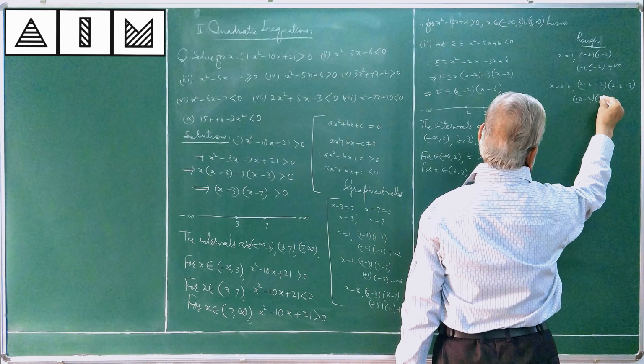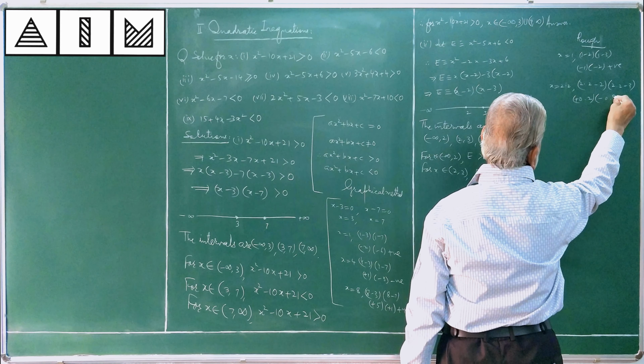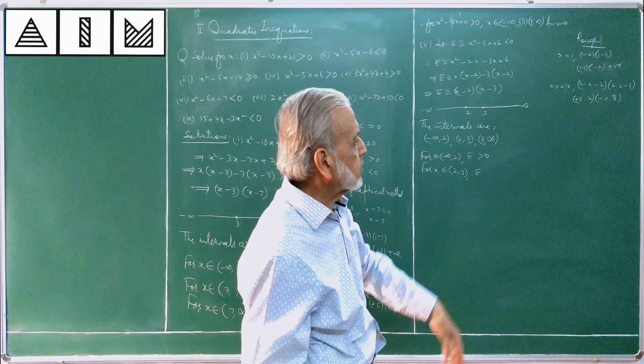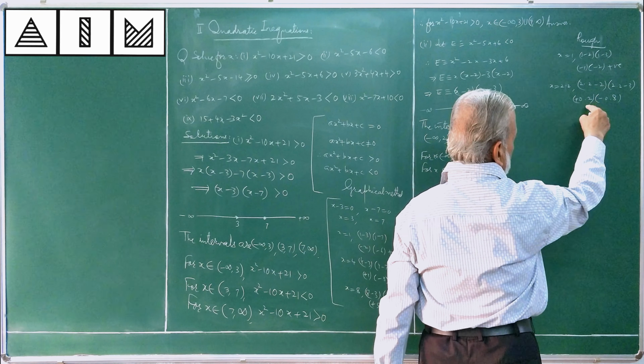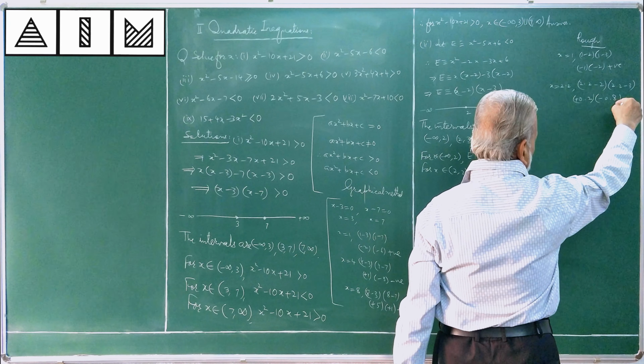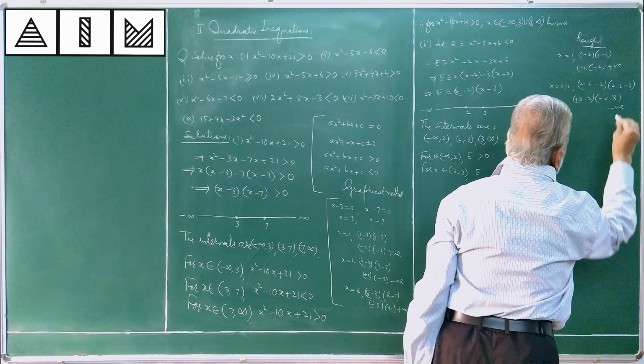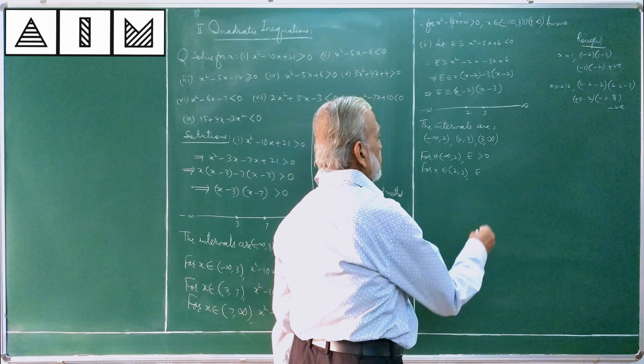This is giving you minus 0.8, minus. Understand the subtraction and addition of decimals here. 2.2 minus 2 is 0.2. 3 minus 2.2 is 0.8, that is minus 0.8. This is giving you negative. So, E negative.